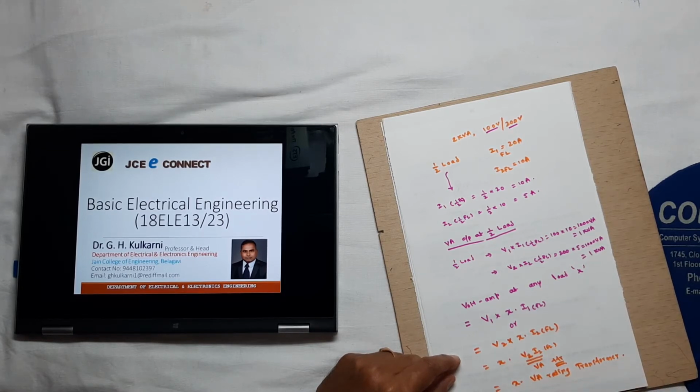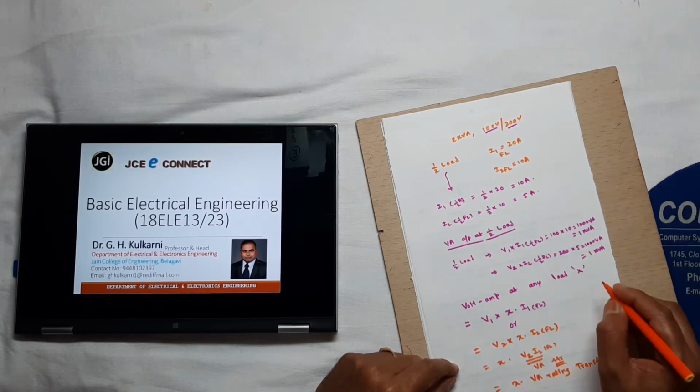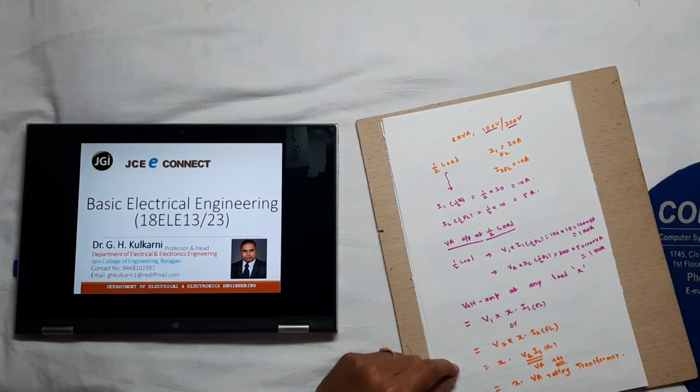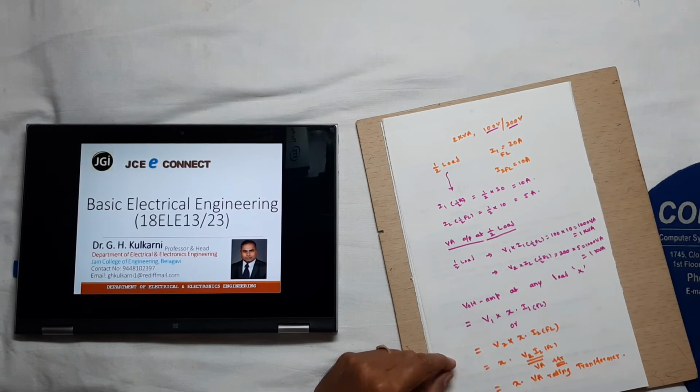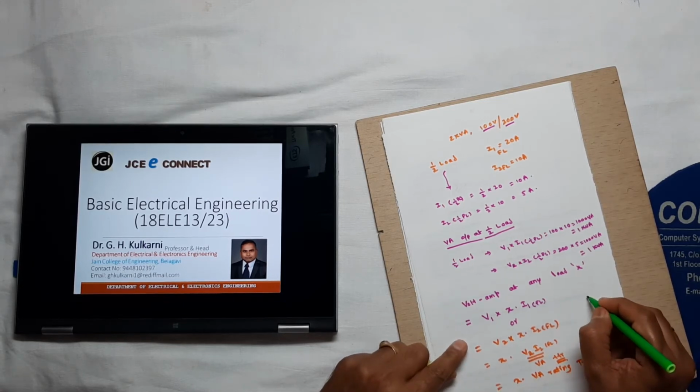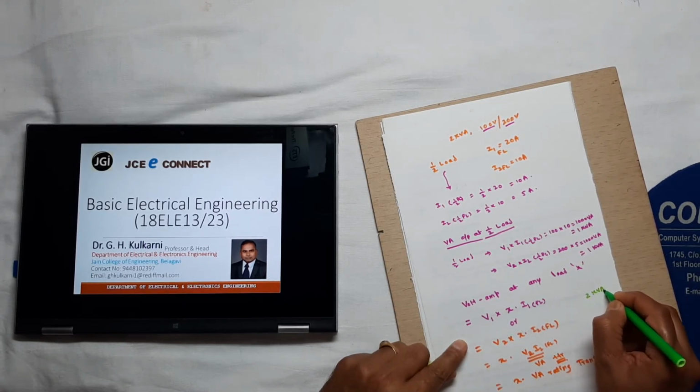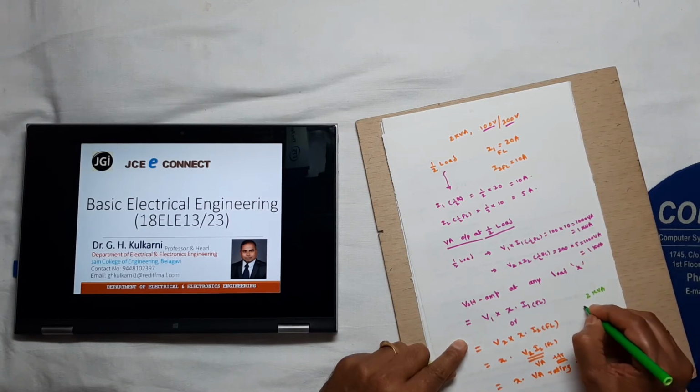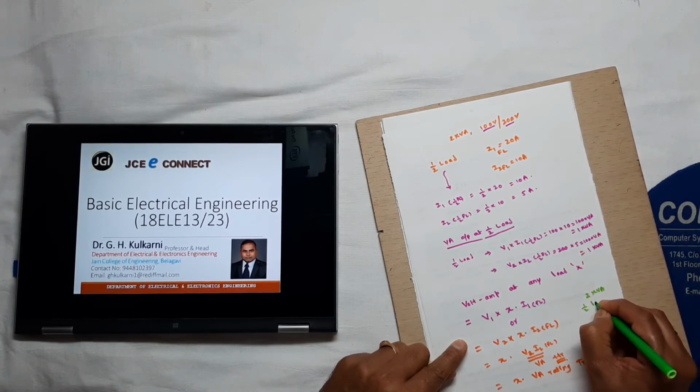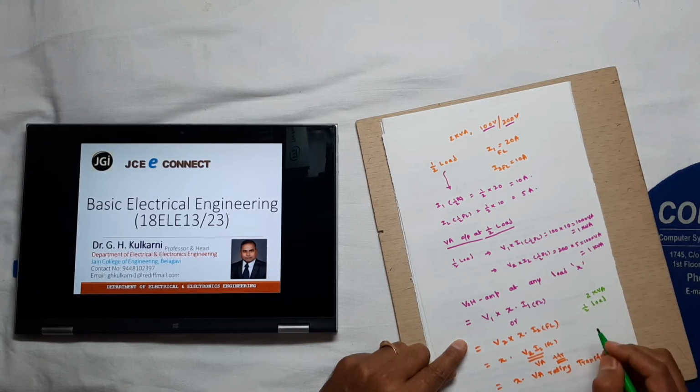For example, we are taking here a 2 kVA transformer. Now, if it is half load, what is the kVA rating of the transformer now reduced to? It is X times rated kVA, that is, half into 2, that is equal to 1 kVA.